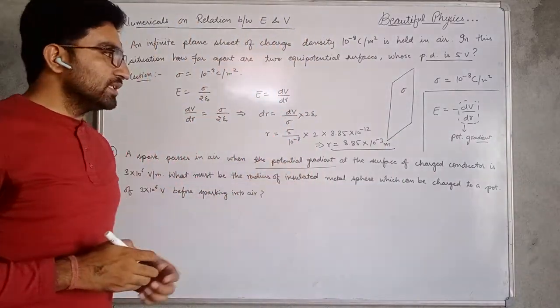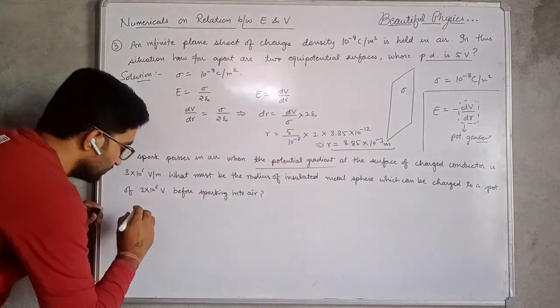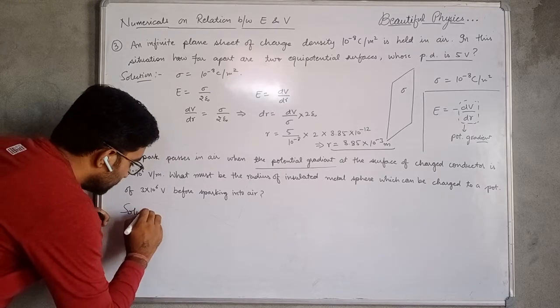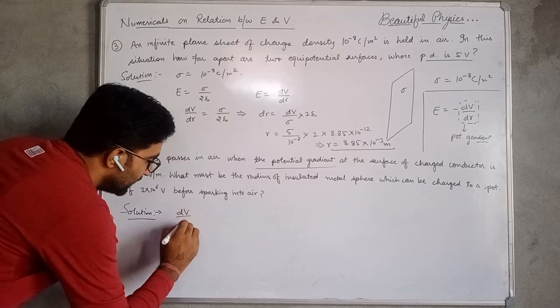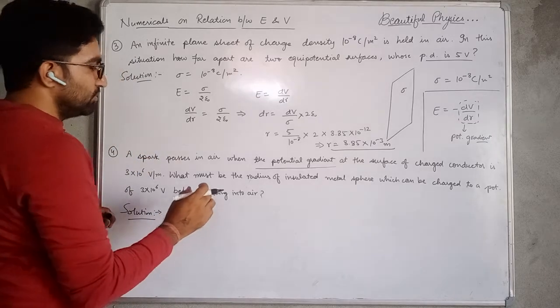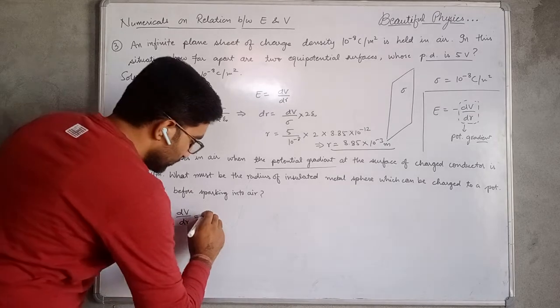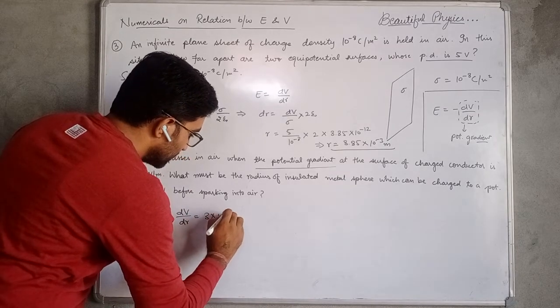Here the value of the potential gradient at the surface is given, so we have dV by dr equal to 3 into 10 raised to power 6.